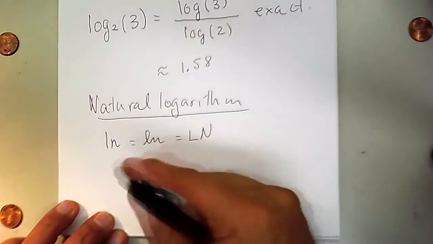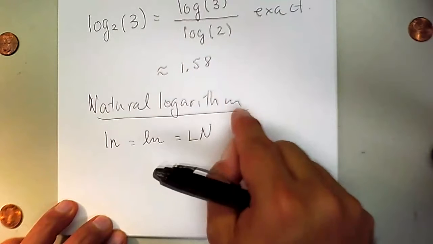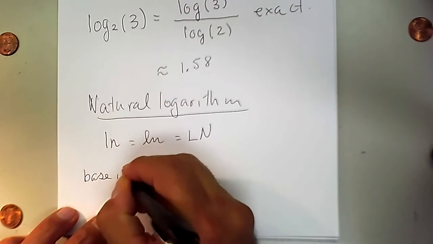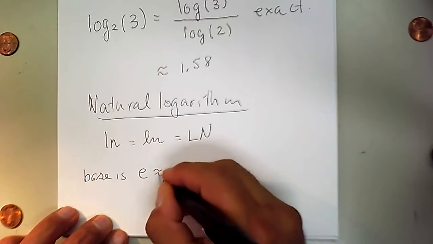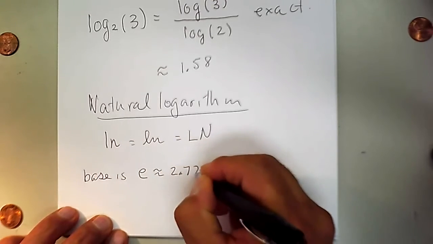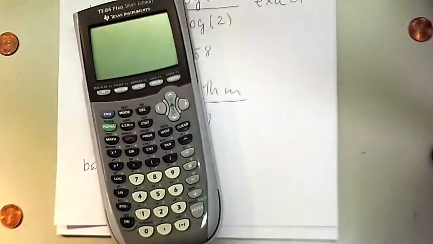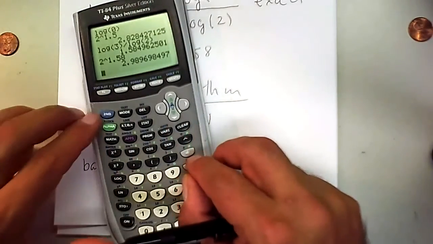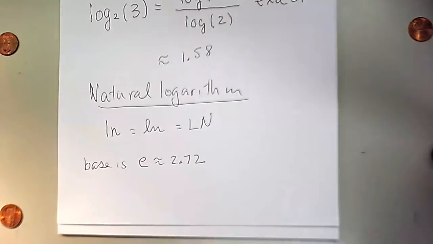So the natural logarithm is just a logarithm like any other logarithm, except that the base is e. So the base is the number e, which is about 2.72. It's not exactly 2.72, it is close to that. So let me find e here.